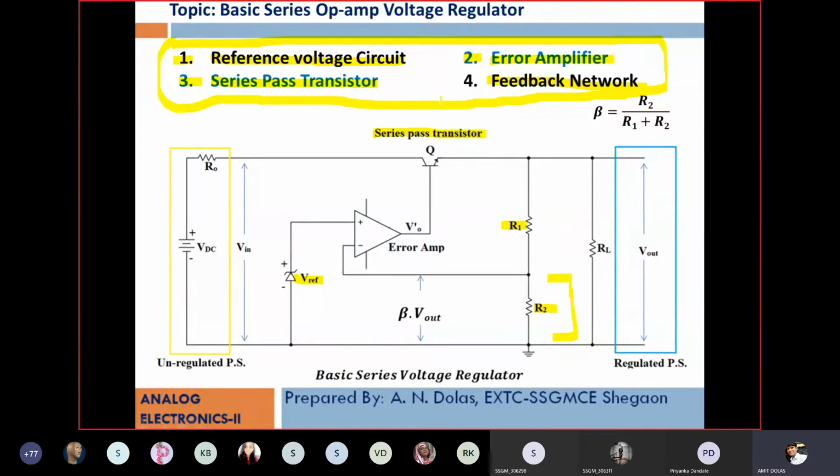You may have a transistorized circuit to design an error amplifier. Again, beta is the sampling factor, or say feedback factor, which is R2 upon R1 plus R2. So moving ahead, this was the basic of the series operational amplifier voltage regulator.